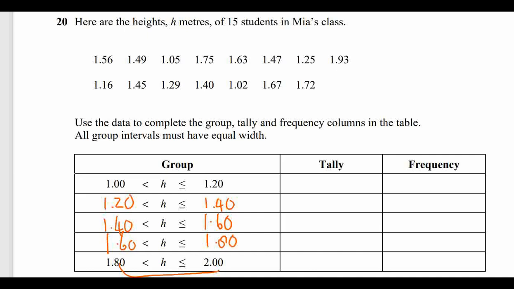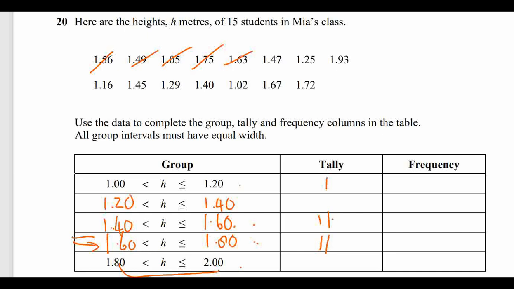Now tally, we'll see one by one. 1.56 will go to here because it's between 1.4 and 1.6. 1.49 is between this range. 1.05 is within this range. 1.75 is within this range. 1.63 goes to this group also.